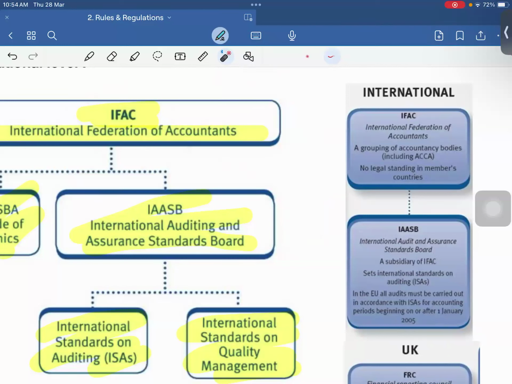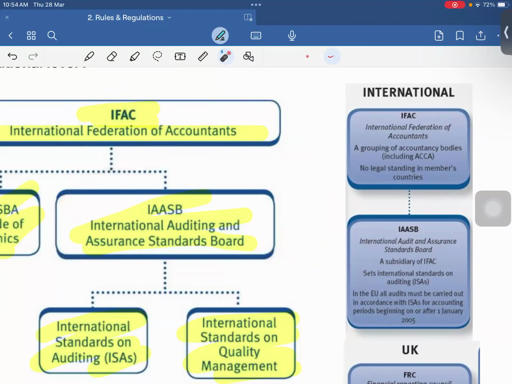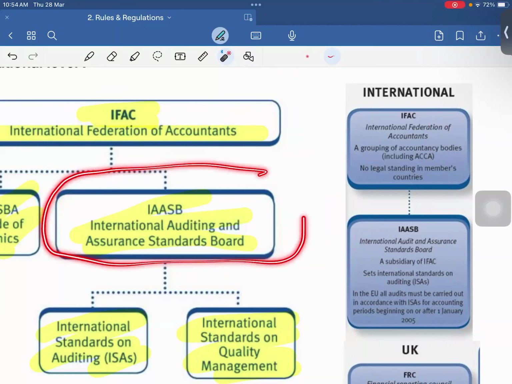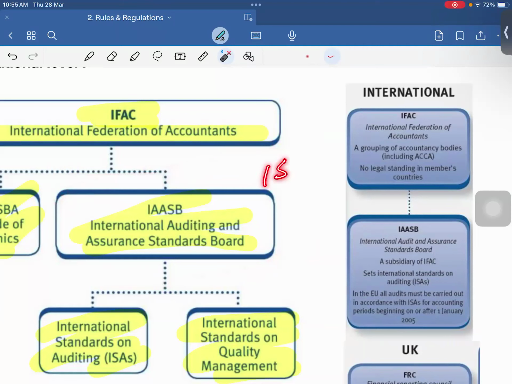Now, IASB is the one developing ISAs. Same thing we studied before in the standards. In accounting standards, they develop IAS and IFRS, but in auditing standards, they prepare ISAs.